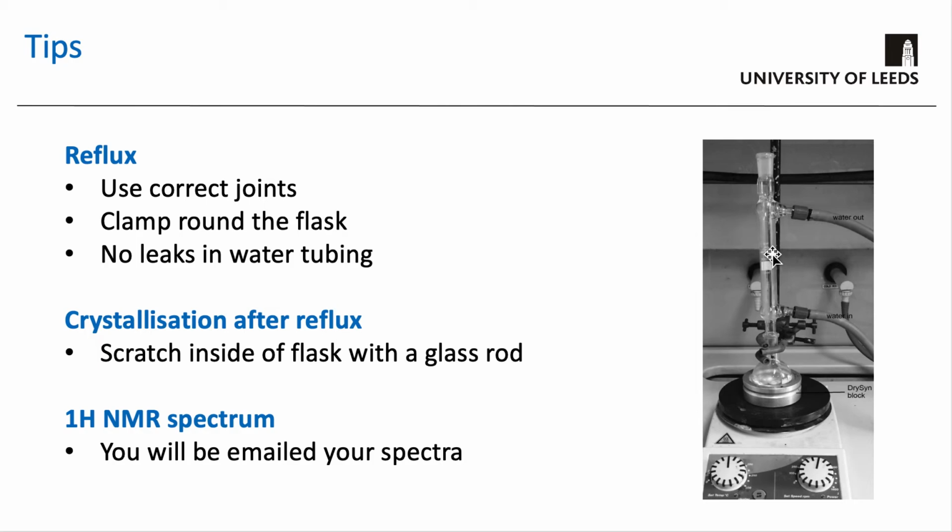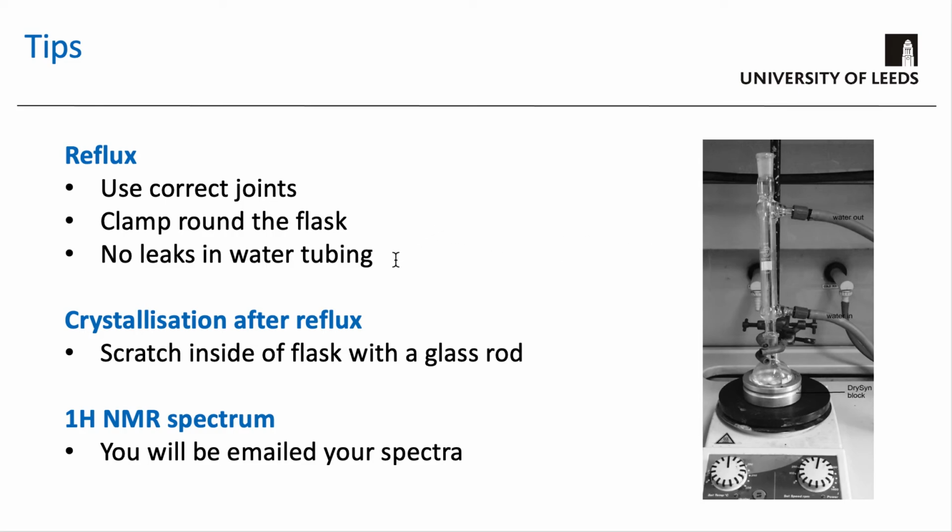So if you clamp around the condenser and then try and lift everything up, there's nothing holding the round bottom flask in place, so that will simply fall off the bottom. Whereas if you clamp around the neck of the round bottom flask and you lift the clamp up, then everything will lift up, including the condenser.